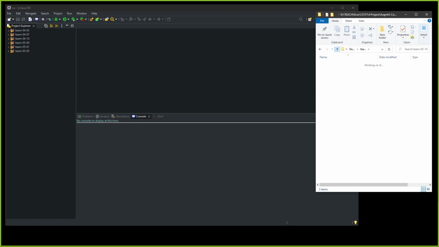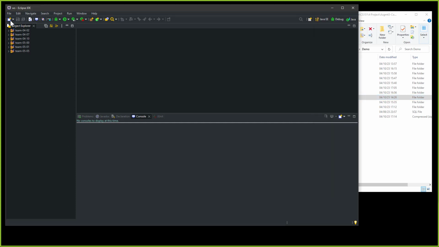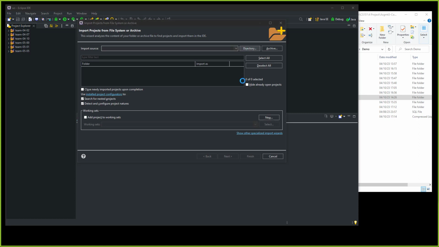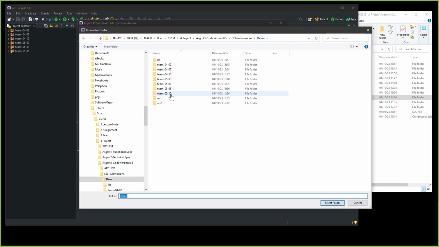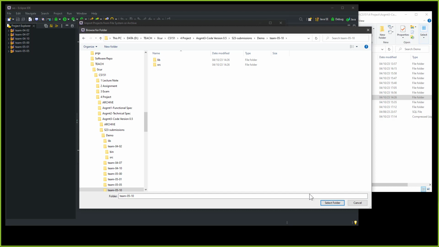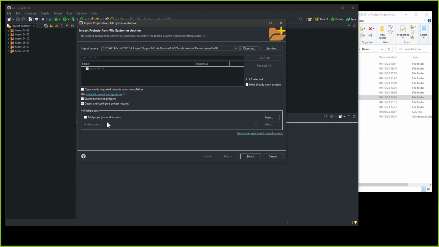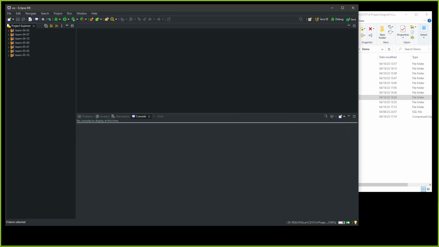Let me go ahead here and import it to my Eclipse and see how it works. It was 510, yeah? 510. Select, finish, 510, looks good.